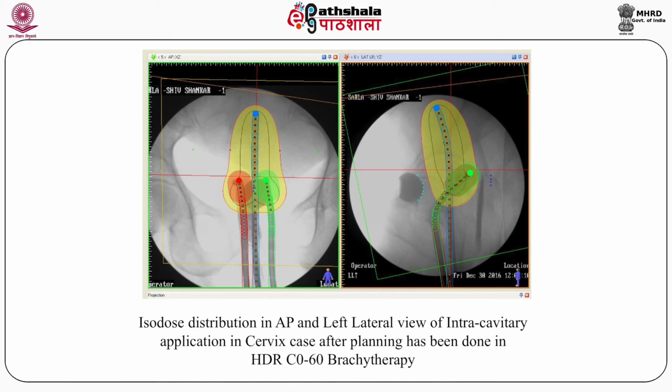A piece of gauze is placed at the bottom of the vagina, which gives the idea of the rectum, and the planning is done. Applicators from the applicator library are taken and superimposed on the image, and then planning is done. We can see that planning in these photographs.